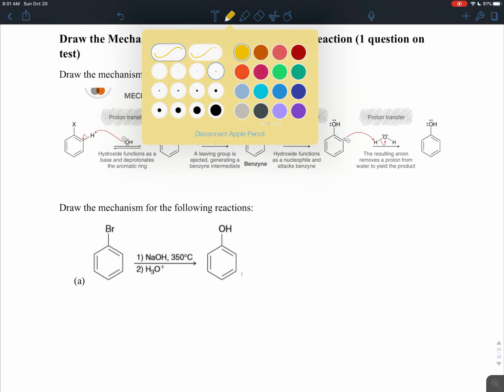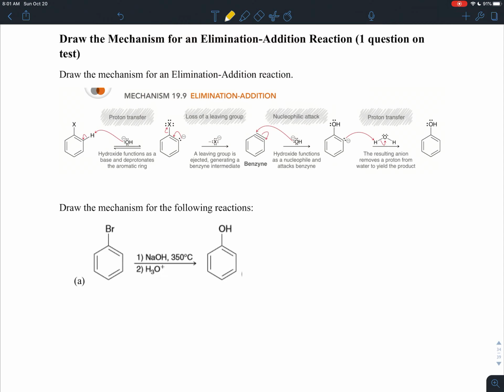And what people noticed when they were doing experiments with this reaction is that if you put a radioactive isotope of carbon here, you can track where that carbon goes. In some molecules, the OH would go onto that same carbon, but in some, the OH would go right next door to the carbon that had the leaving group on it. The radioactive carbon that they can track was sometimes on the OH and sometimes next door to the OH.